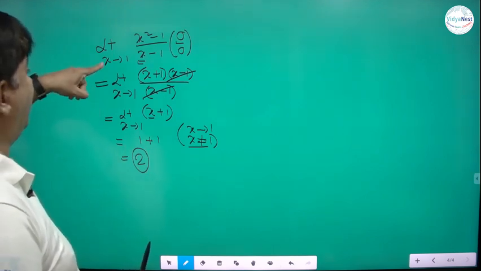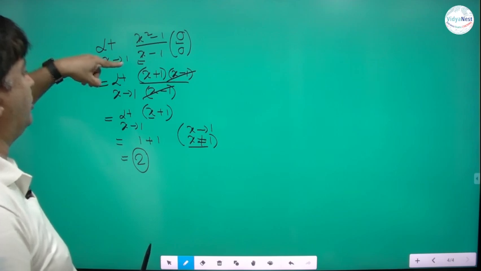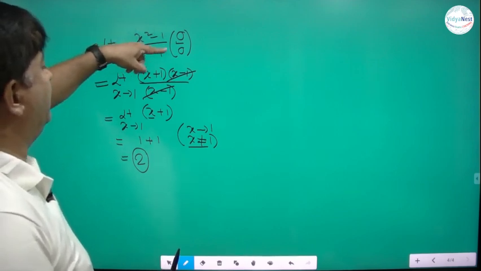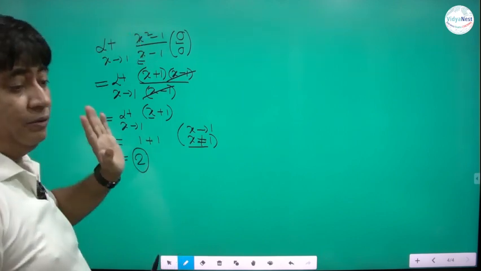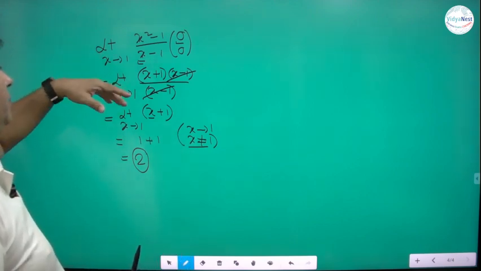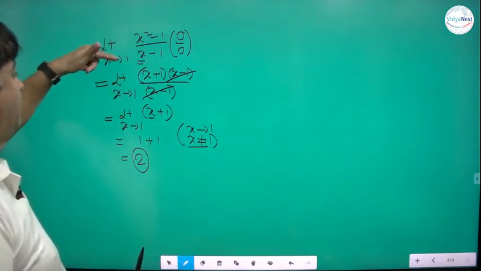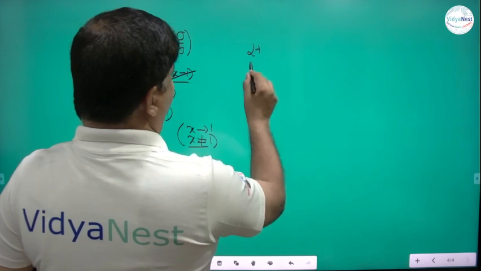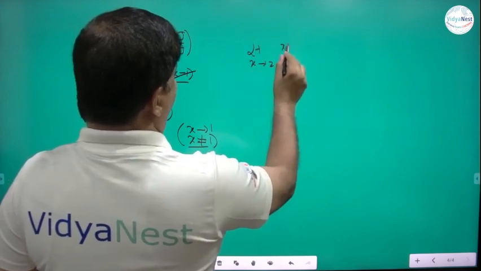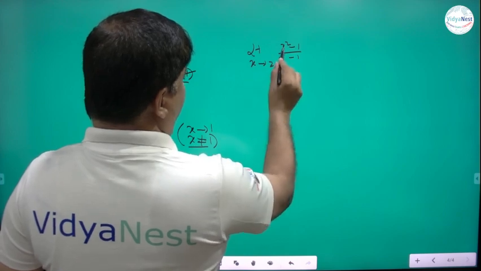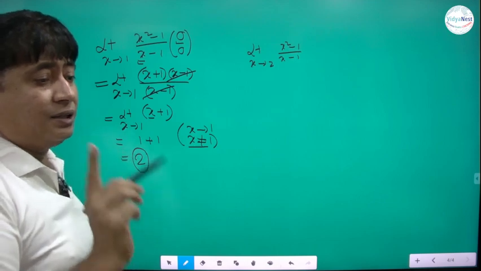But had it been x tends to 2, then by putting x is equal to 2 you would have got a finite value, and you could have put this x value directly. Like x tends to 2 in the same sum. If I put x is equal to 2 directly, shall I get 0 in the denominator?